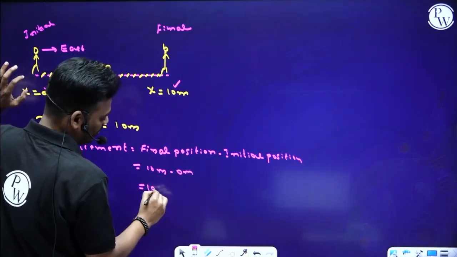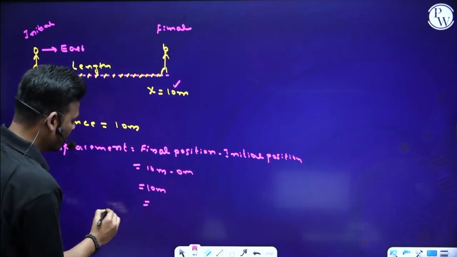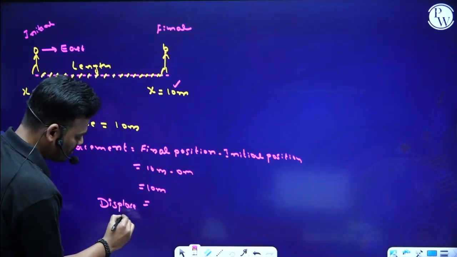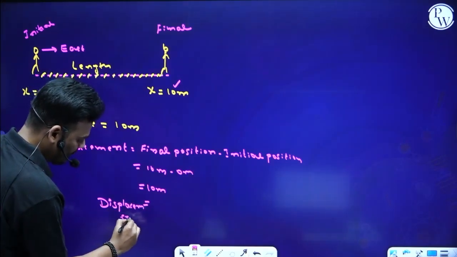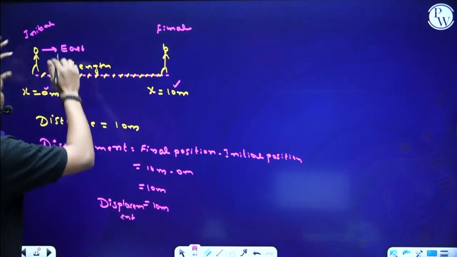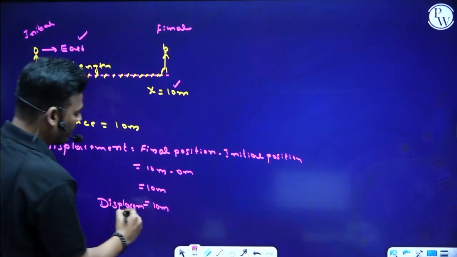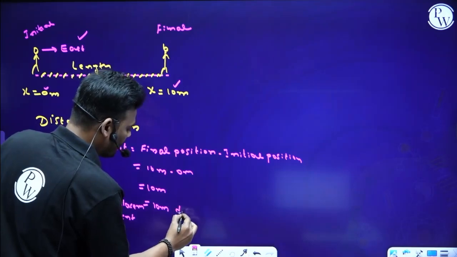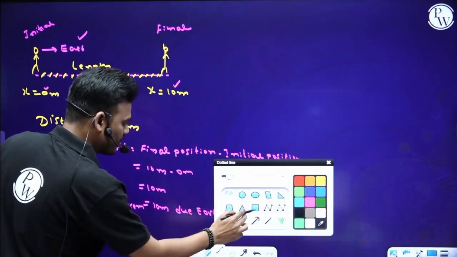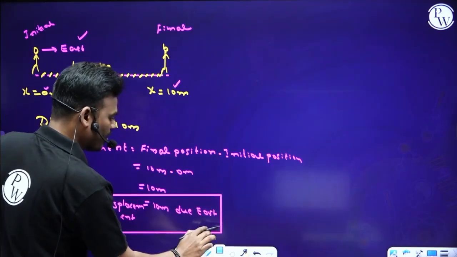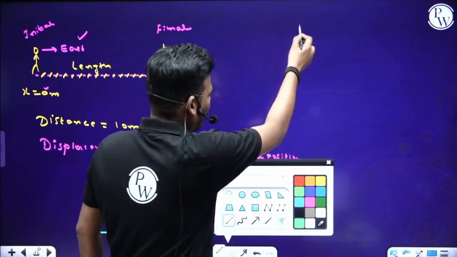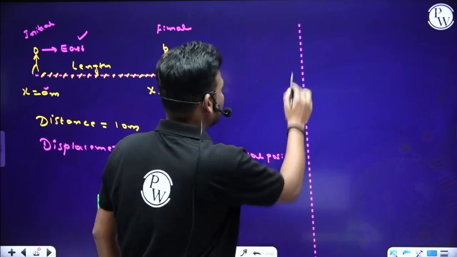Therefore it is 10 meter. Got it? So here displacement is 10 meter, but here we are considering direction also. Therefore displacement is 10 meter due east, right? So this is one way of expressing displacement and distance. Let's consider one more example.